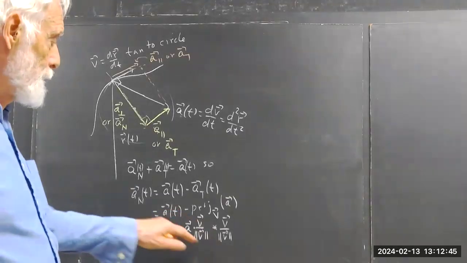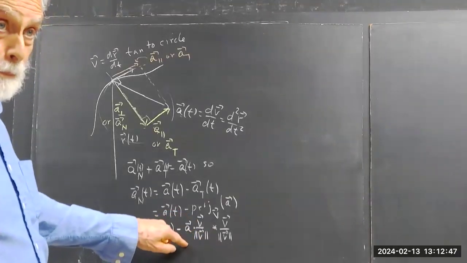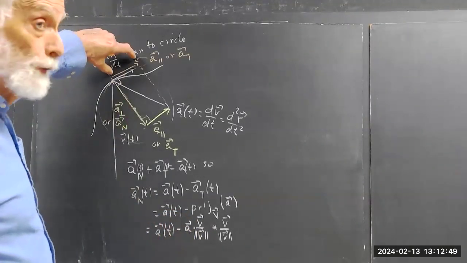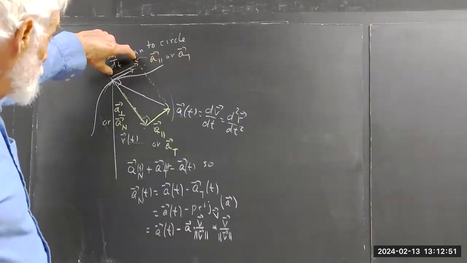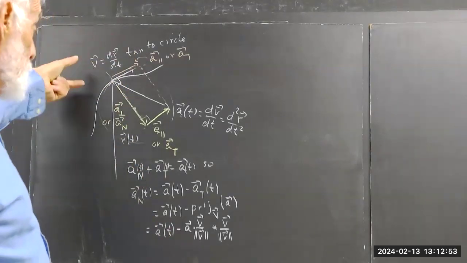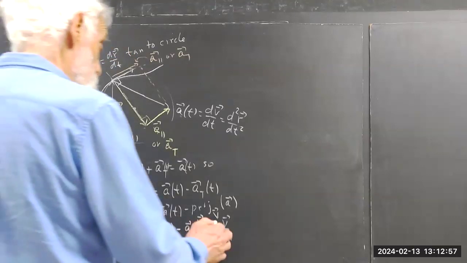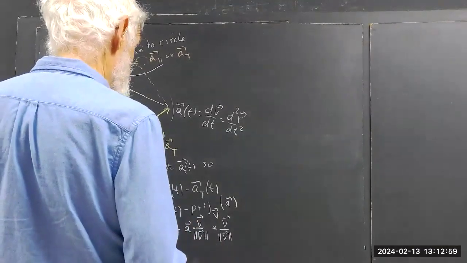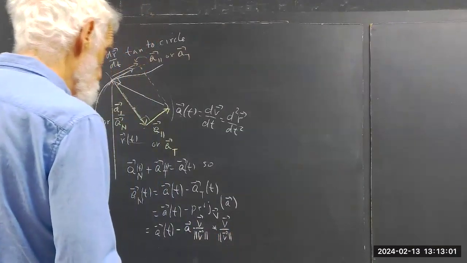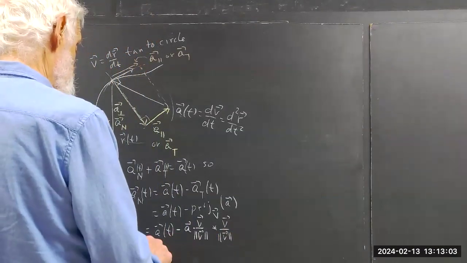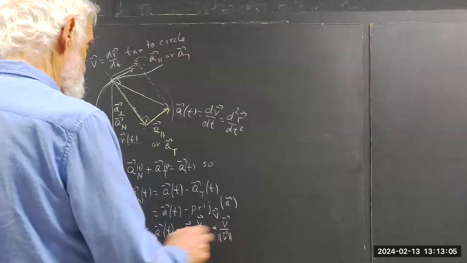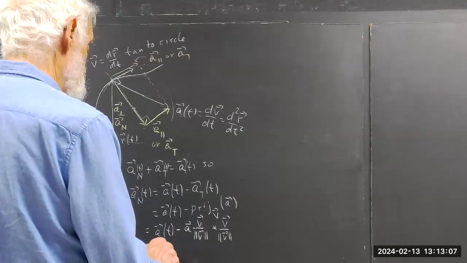And you multiply that, because this is just a scalar, just a number that tells you how long this vector is. And if it's negative, it tells you it's in the direction opposite this vector. If you want to confuse the whole issue, you write this as a formula that loses its meaning.